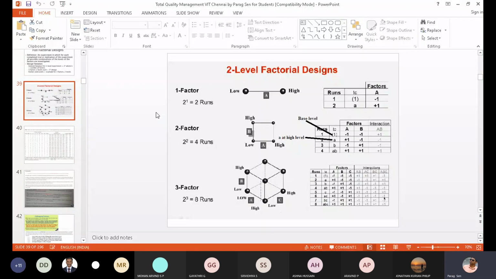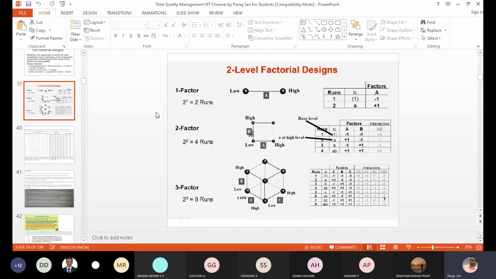But why are these things not required? I am telling you, because when you use Minitab, you need to select the levels and the number of factors. Suppose you are considering 4 factors and each factor has 3 levels. You will simply select the levels and the number of factors in Minitab.